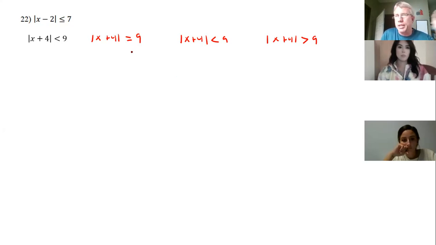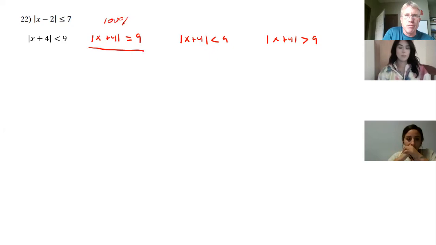If you don't understand the equality perfectly, then you have no hope of understanding an absolute value inequality. If you don't get this 100%, like you own it in your heart and it makes total sense to you, then you have no hope of understanding these other two. That's the first thing you have to realize: you have to understand the equality first. If you can understand the equality clearly, then the other two make a lot more sense.